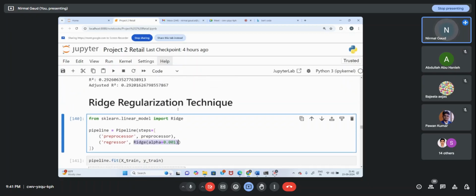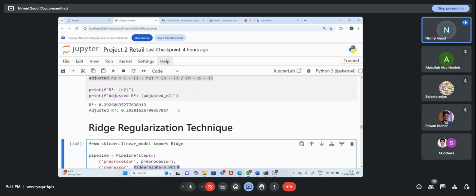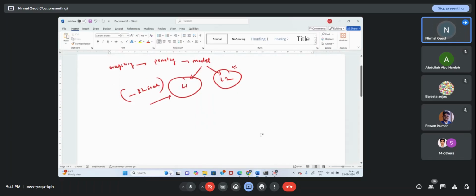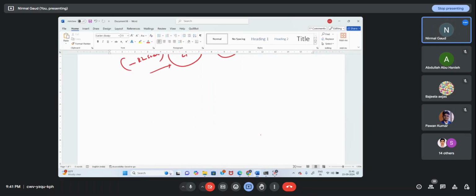So whatever we have done in linear regression, I think that's fine. Also, one thing we can mark here is the data. Why are such things happening? Because of data. We have very few features present in the data.